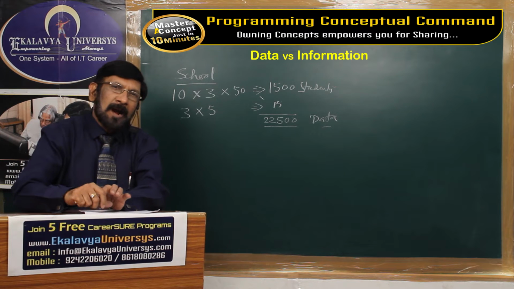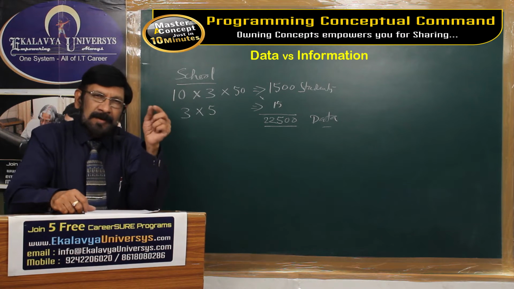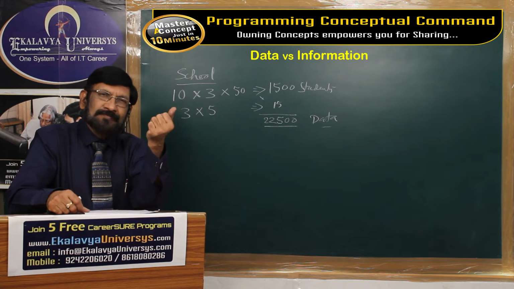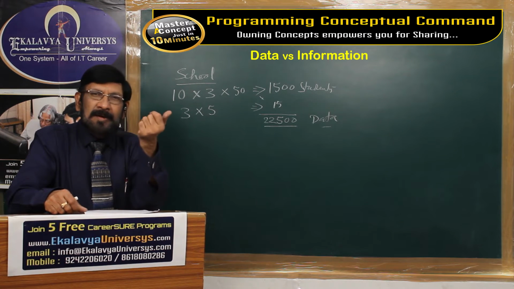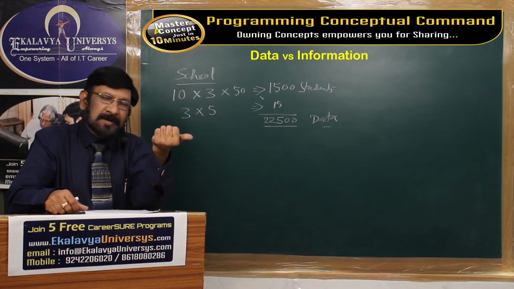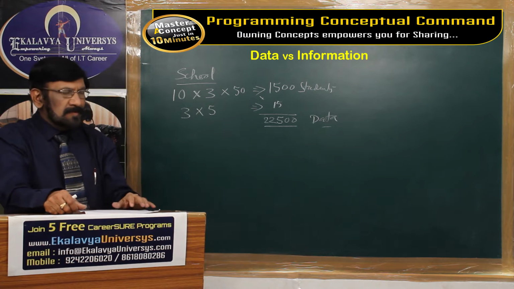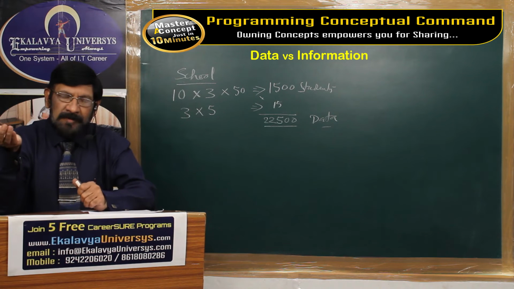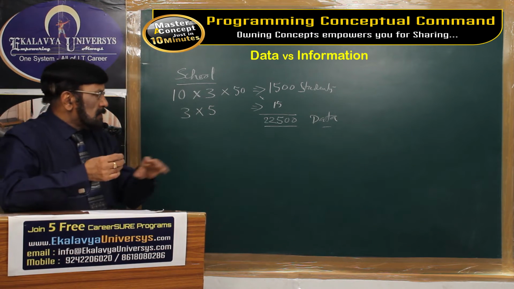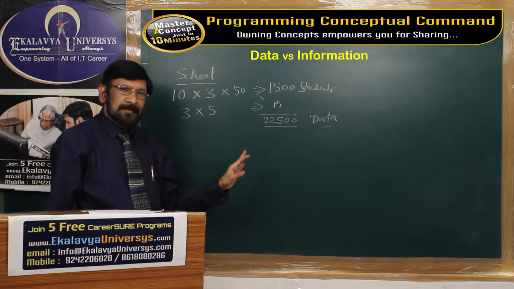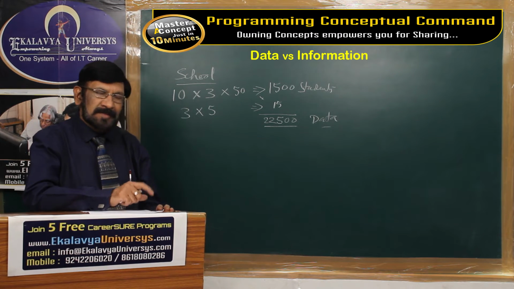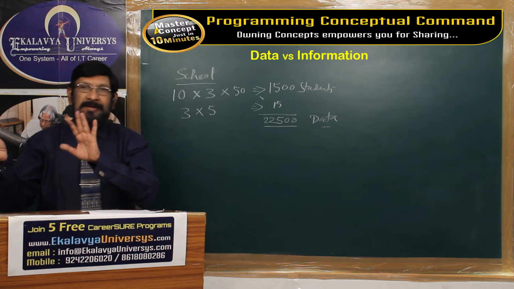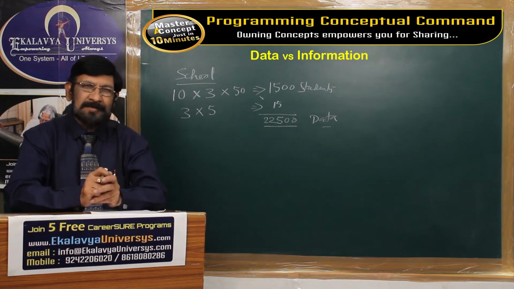And they identify the weak teachers depending on the result of the students only, and they terminate the weak teachers and appoint better teachers. In this way, they can improve the school's performance. For that, data is the base. Whatever decisions they take, that is information. That is the basic difference.